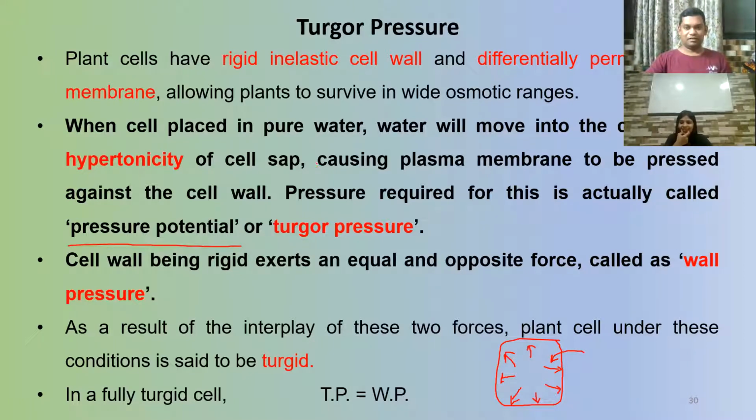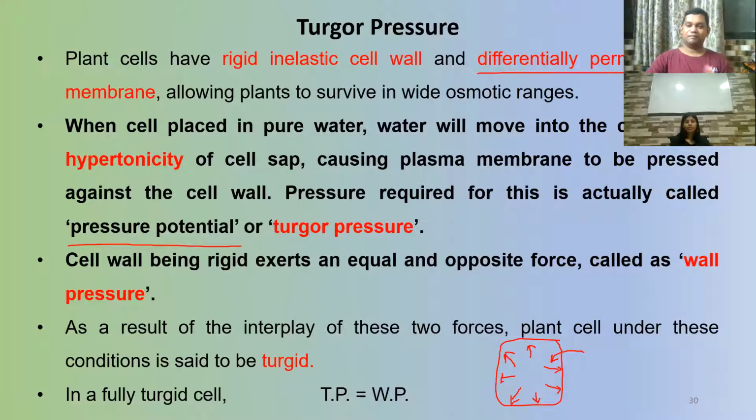Now, you know very well that the cell wall in the case of plant cells is rigid and inelastic. They are not flexible. They cannot change shape, and they are freely permeable. But when it comes to the plasma membrane, they are differentially permeable ones. That means they regulate the ions and molecules which are entering the cell or moving out of the cell.